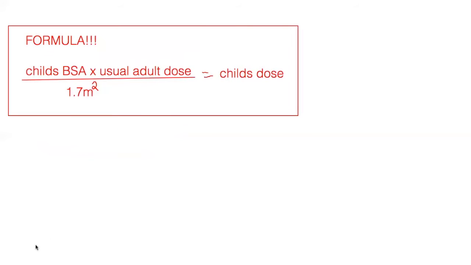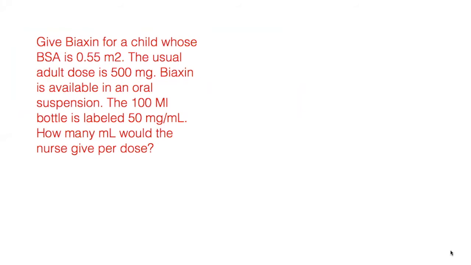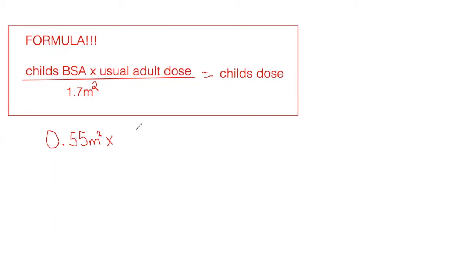So we're going to put 0.55 meters square, and we want to multiply this by the usual adult dose. If we go back to our formula, it says our usual adult dose is 500 milligrams. So we're going to times that by 500 milligrams, and we want to divide it by 1.7 meters square.